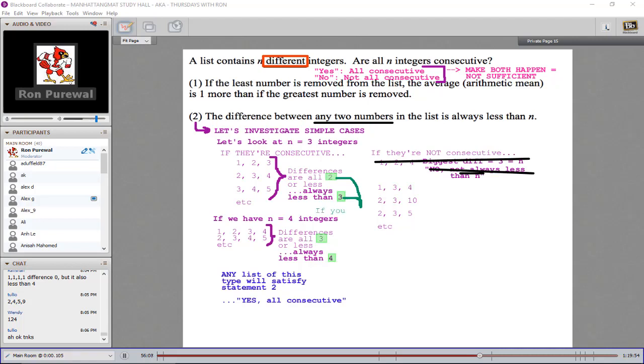You'll notice that. If not, you play with lists of non-consecutive integers, and eventually you'll realize it. But if you try to spread these out any more, it's not going to work. You'll have a difference of at least n.